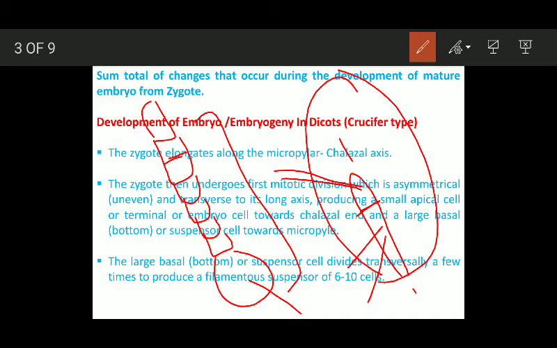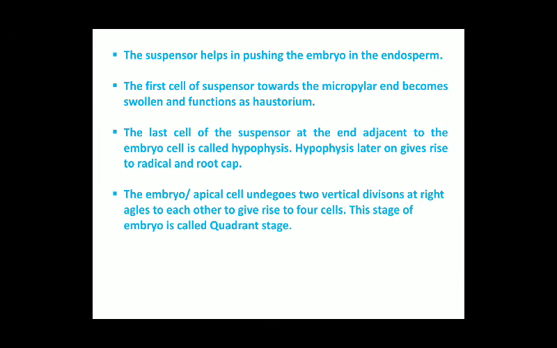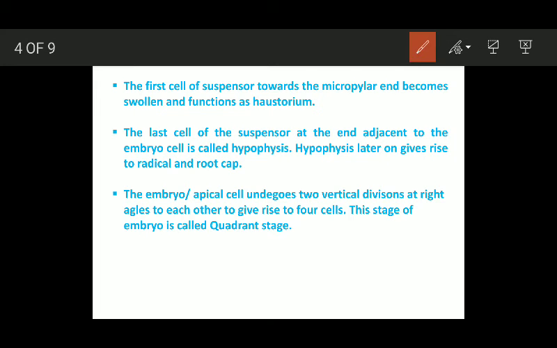Now the function of the suspensor is that it helps in pushing the embryo into the endosperm. The suspensor cell towards the micropyle pushes the developing embryo deep into the endosperm. The endosperm is the food in the middle, and the suspensor pushes the embryo into it. The first cell of the suspensor towards the micropylar end becomes swollen and functions as haustorium.